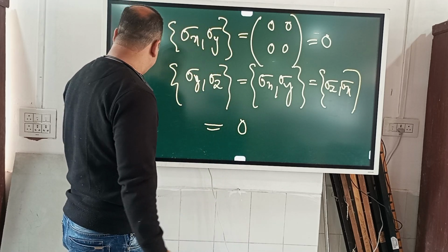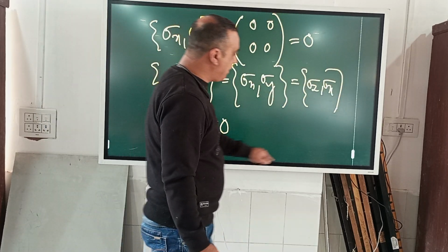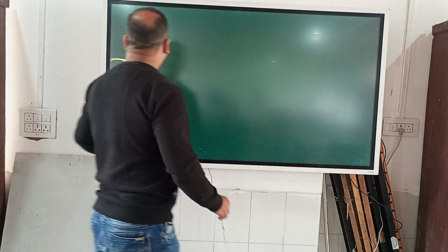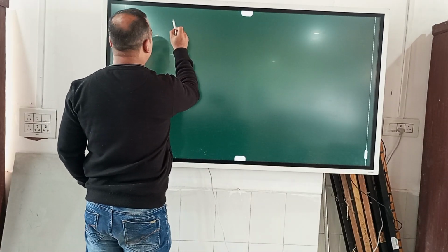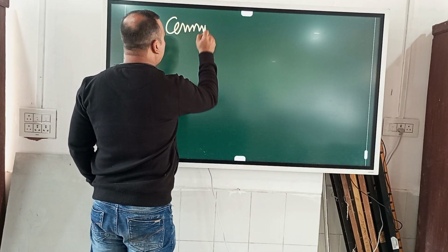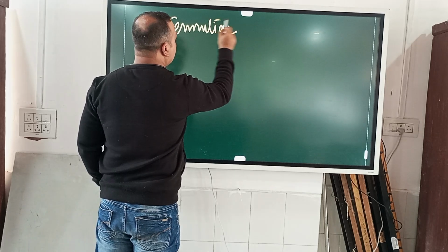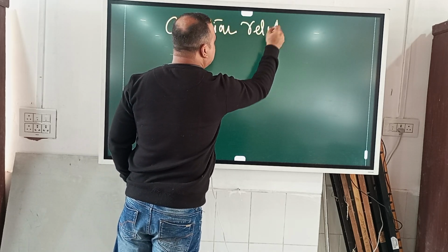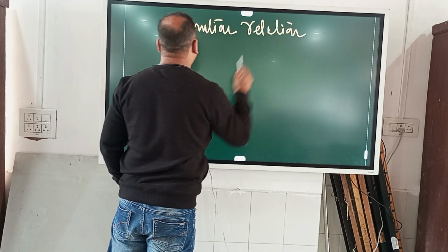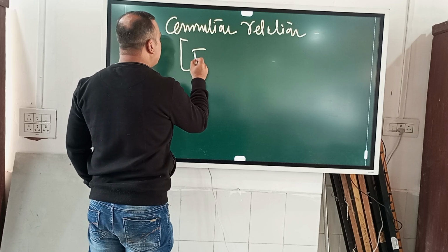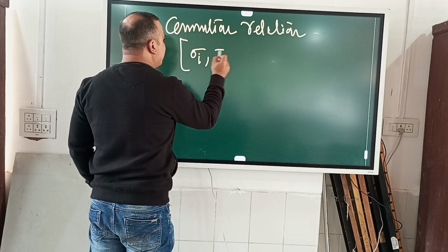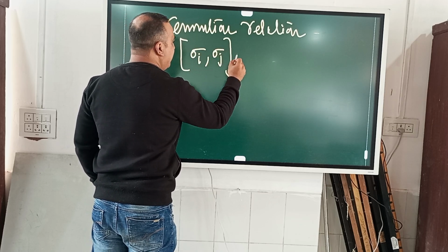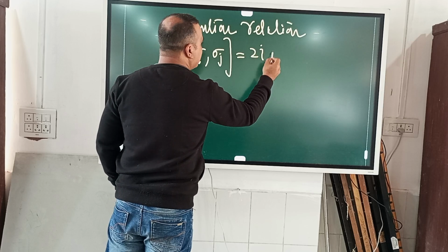So what we can do here is generalize the result. The first result, for commutation relations of these Pauli spin matrices, is that sigma i and sigma j equals 2i sigma k.